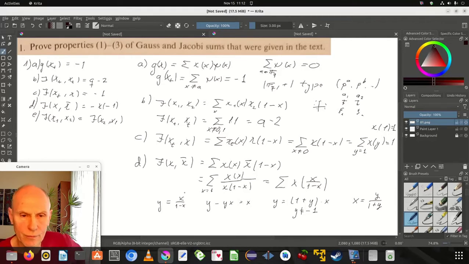So, can this give minus 1? Then 1 plus x equals x. That's impossible. So, when we here take x distinct from 0, we get all values except minus 1.